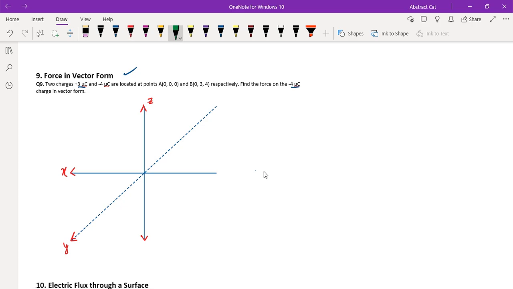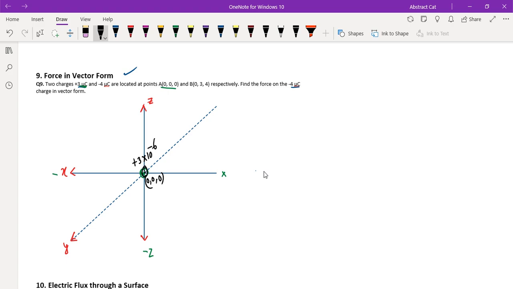Now here the plus 3 microcoulomb, 10 to the power minus 6, is present at A (0, 0, 0), the origin point.